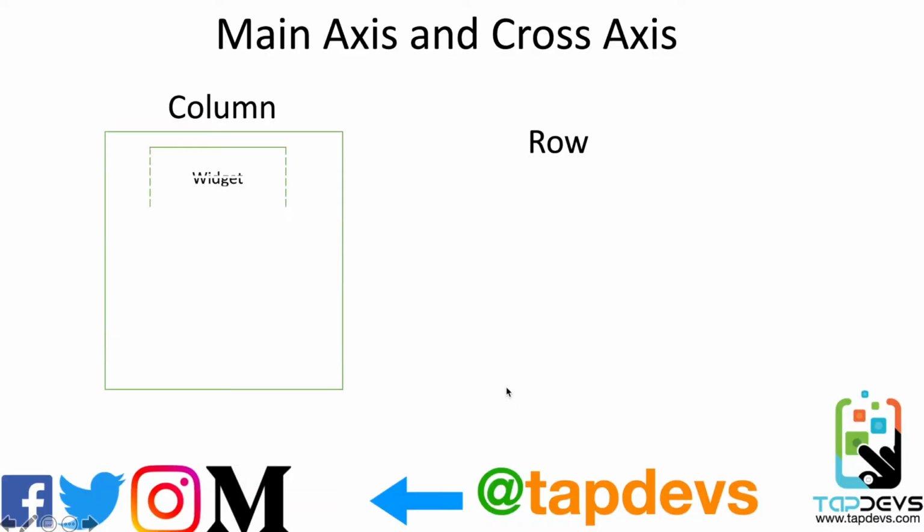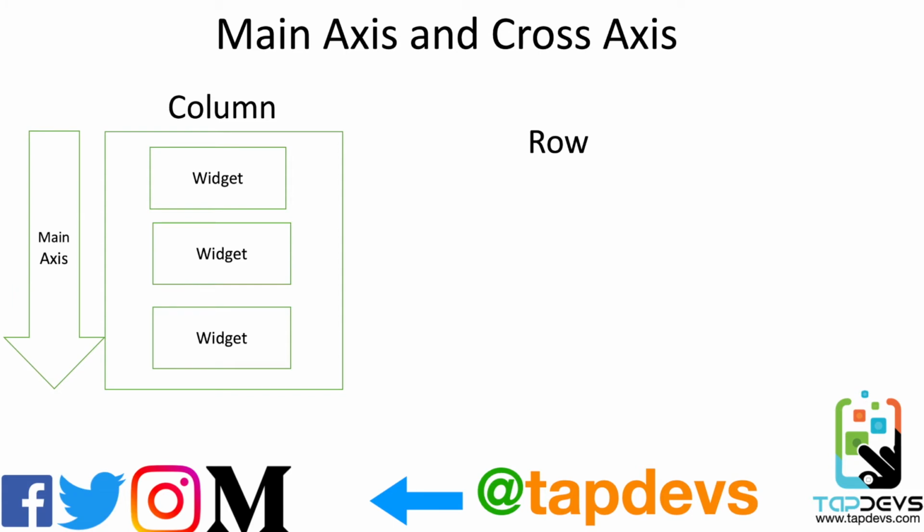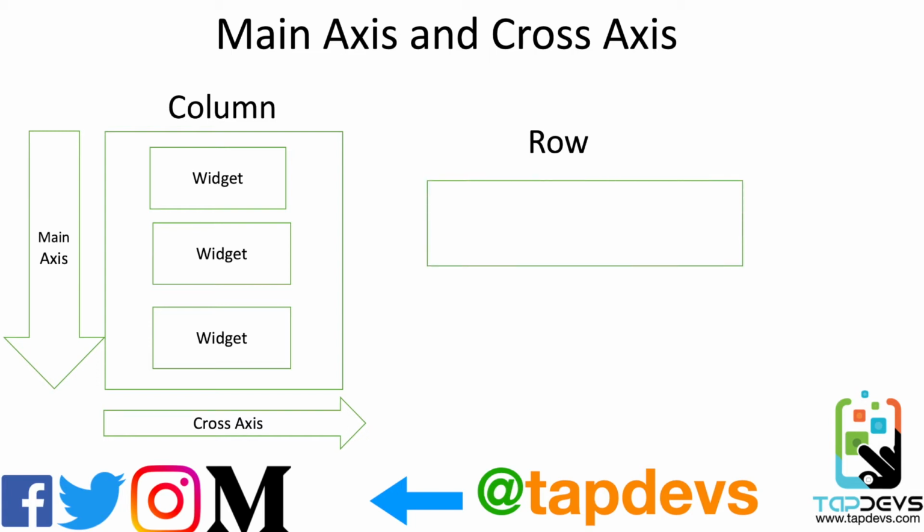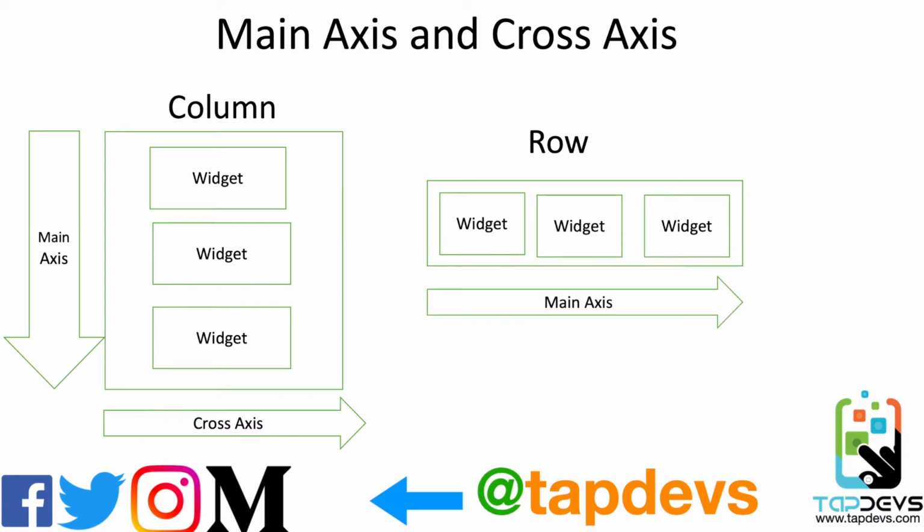In a column we have aligned widgets in a vertical order, so the main axis will be from top to bottom, in vertical shape, and from left to right will be considered as the cross axis. And for row, we are placing widgets in a horizontal order, so the main axis will be on the horizontal side and the cross axis will be on the vertical side.